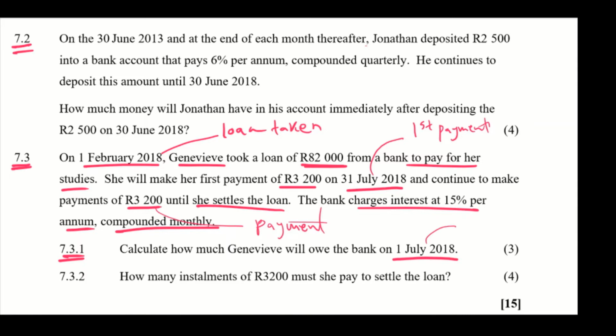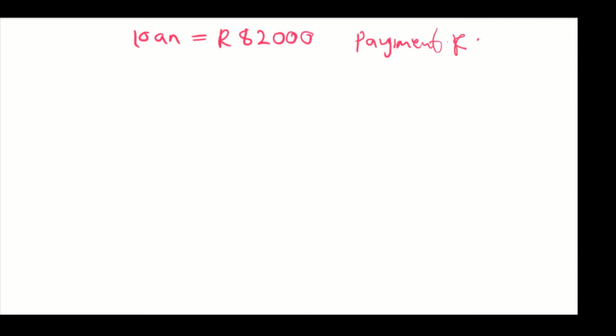So for us to solve this problem, we must draw a timeline to indicate. So we already know the amount that she owes, right? So the loan is 82,000 rand, and the payments that she made are payments of 3,200 rands.